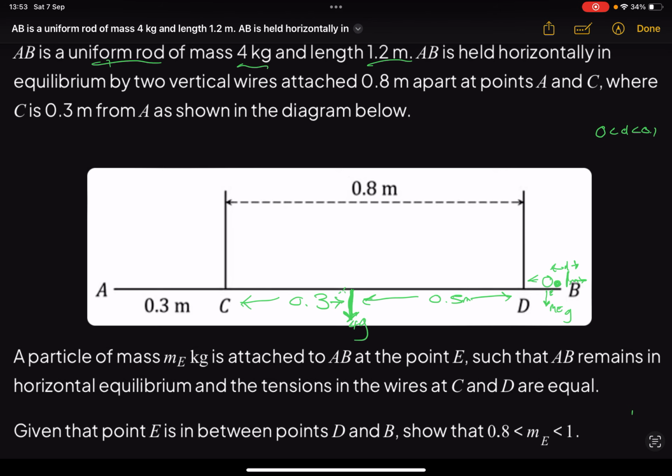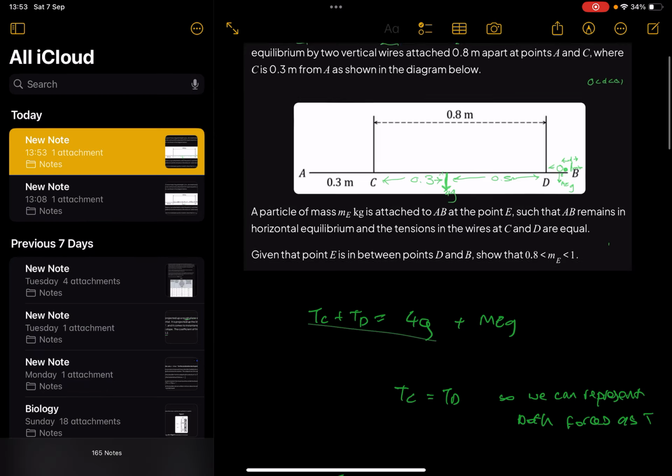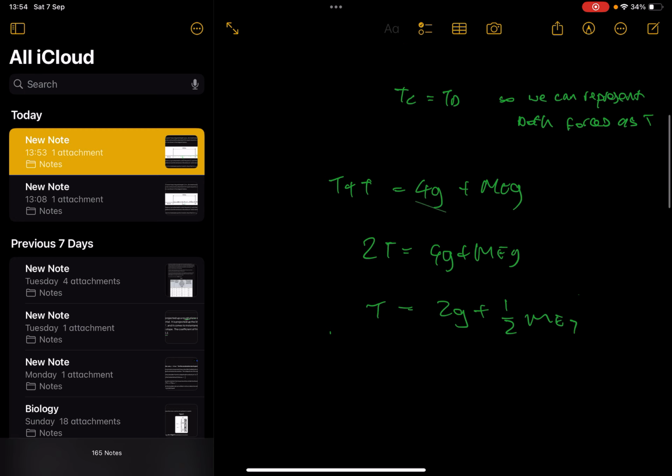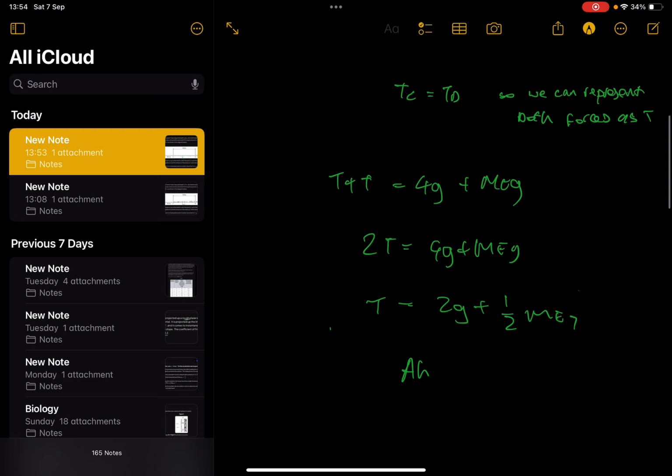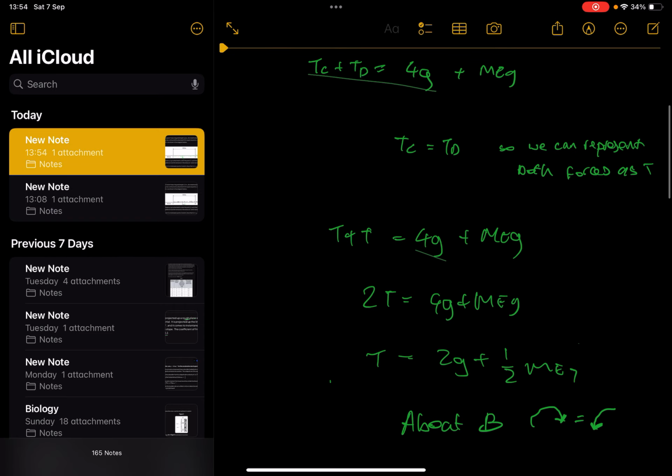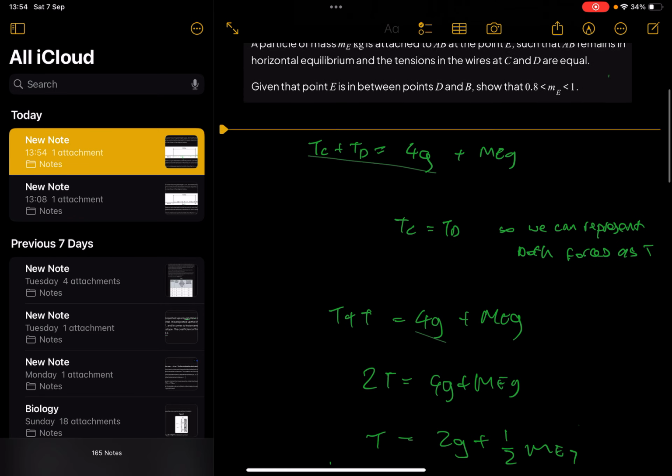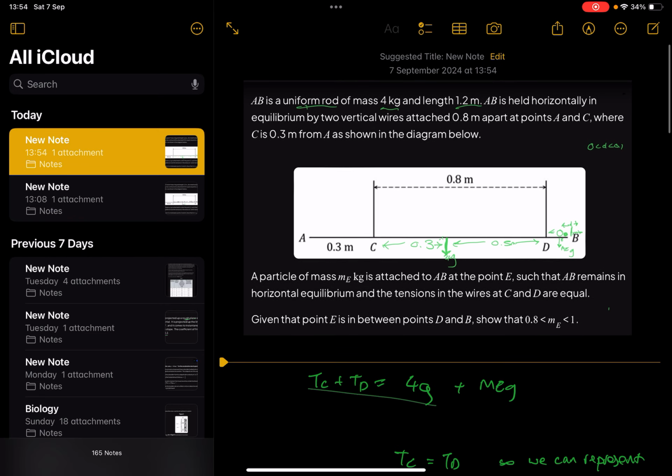So when taking point B, we're going to say clockwise equals anti-clockwise, since they're both in equilibrium, so the anti-clockwise and the clockwise moments should be equal.